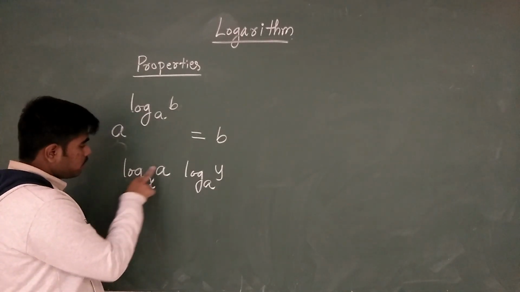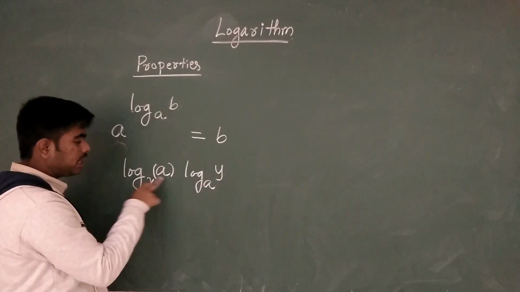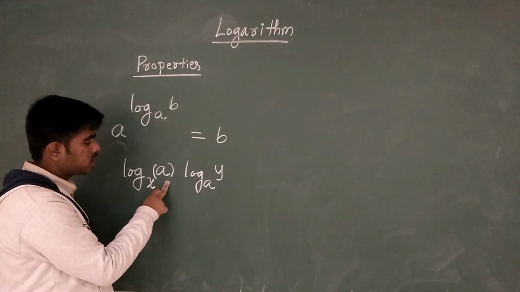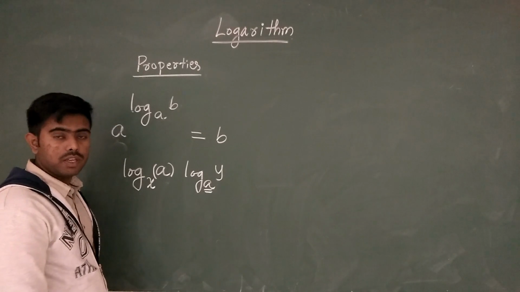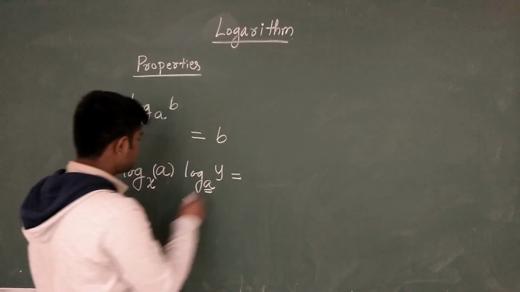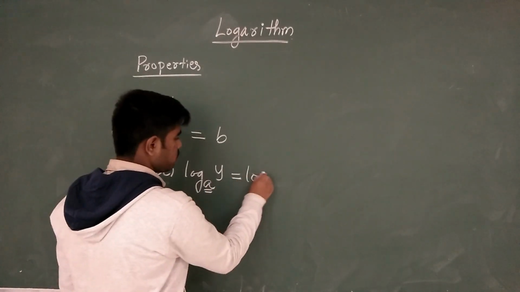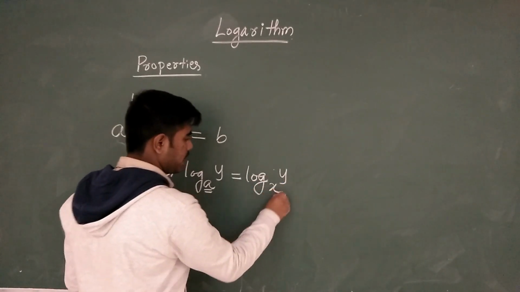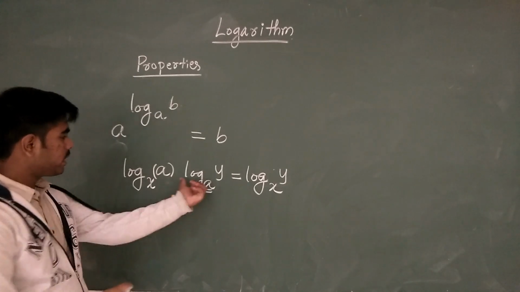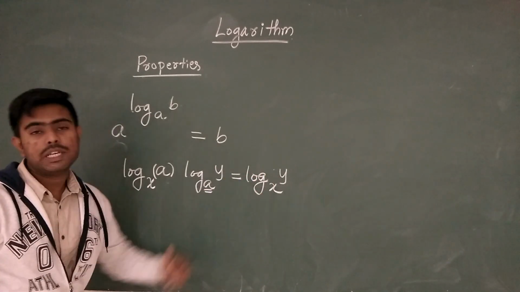Here the input of the first logarithmic function and the base of the second are the same. If this is the case, this is as good as writing log of y to the base x.